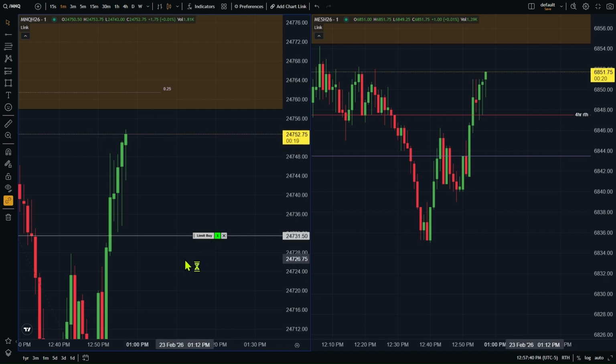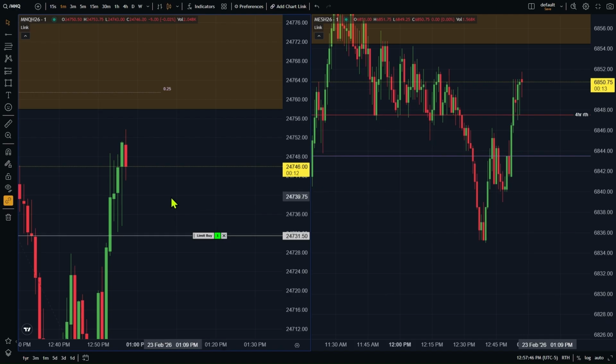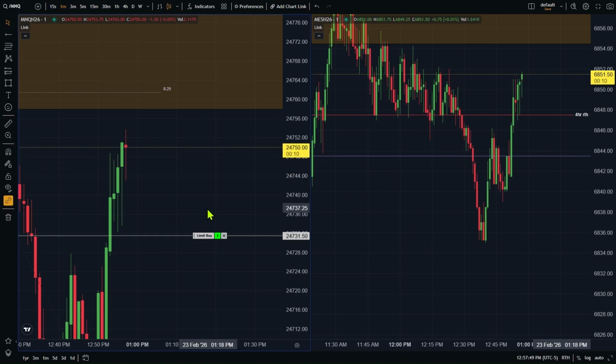I think it's going to run, and I'll just take my one micro profit. But it could hit these wicks and go right back down. Take my $62.